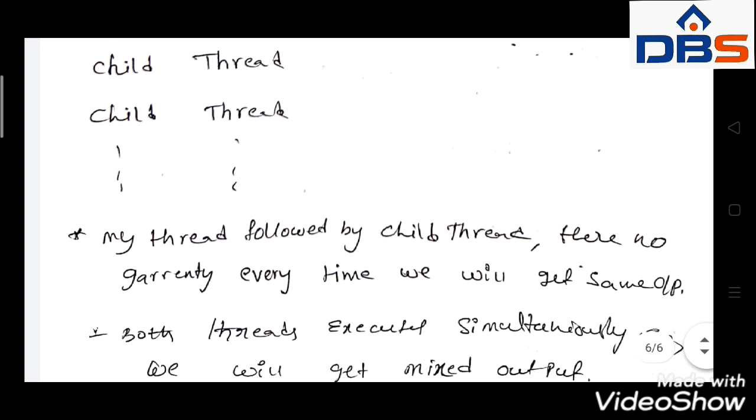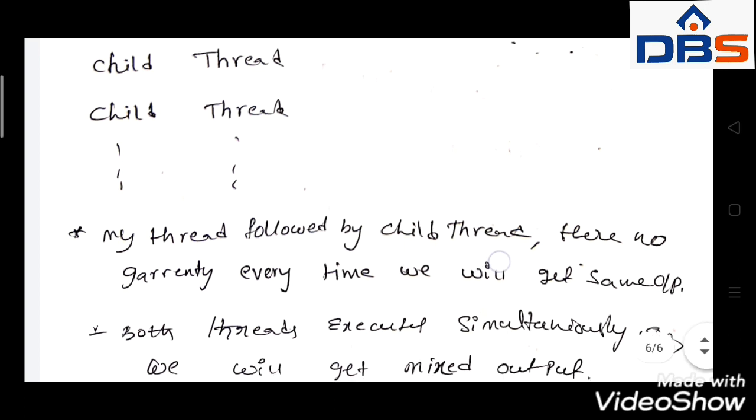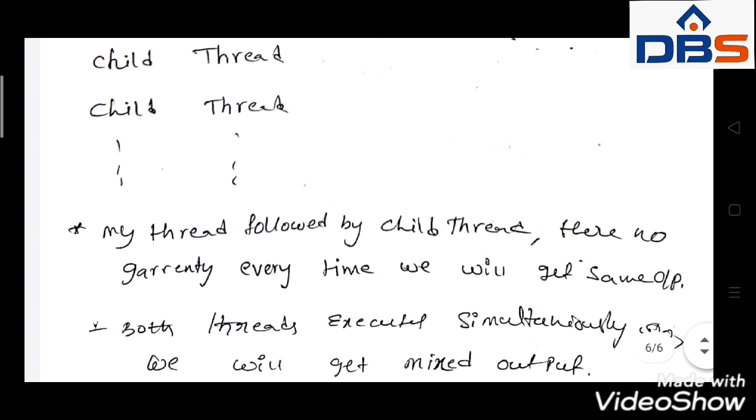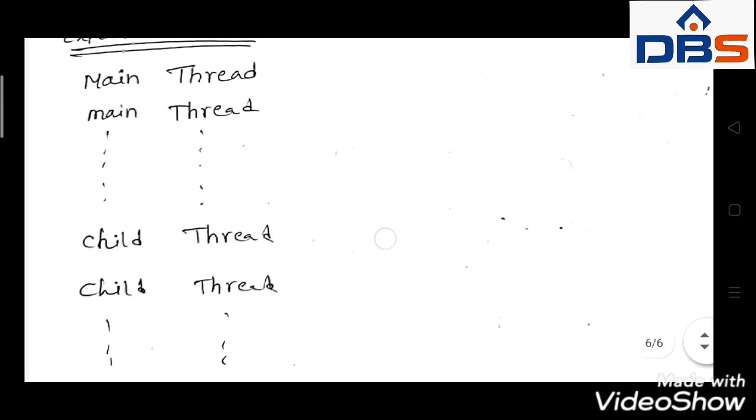But we have no guarantee about it; sometimes it may change. Main thread followed by child thread, but there is no guarantee that every time we will get the same output. Generally the main thread is followed by the child thread.